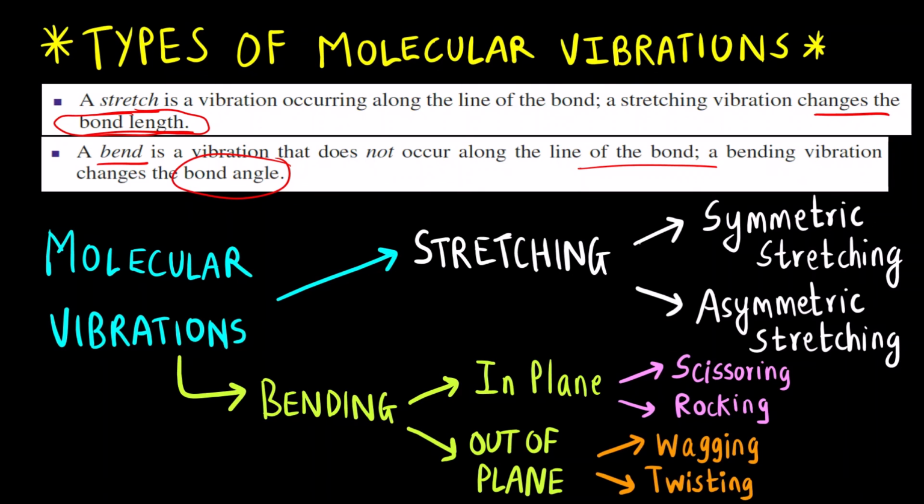The more polar the bond, the more the change in dipole moment, that is, the greater the intensity, so the depth of the peaks will be higher. As we had seen, in carbonyl the intensity was higher, as compared to the C-H bond where it was lower. And these are the types of molecular vibrations.